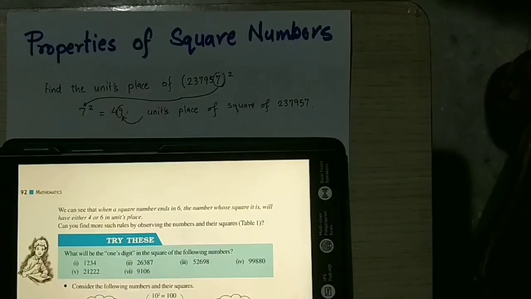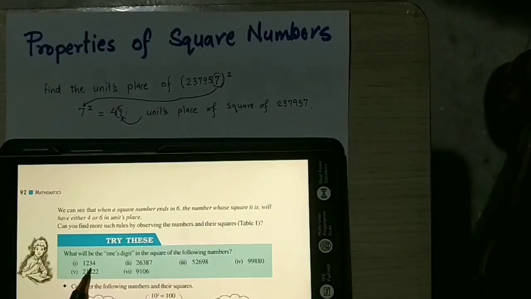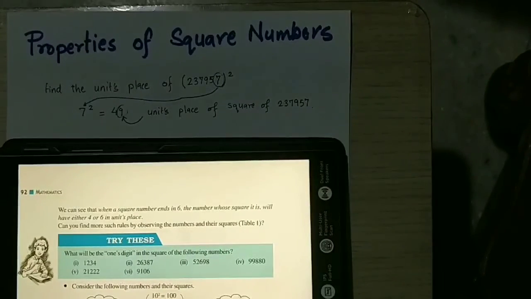Further, with the method given above, if we square the ones digit of 1234, which is 4, it makes 16. 4 into 4 equals 16, and 16 has ones digit 6. Now try with other numbers yourself.